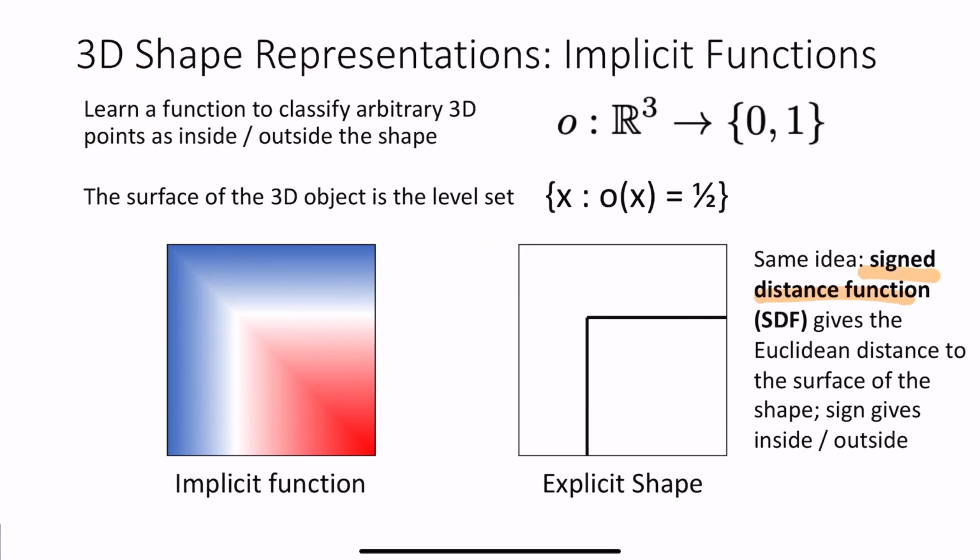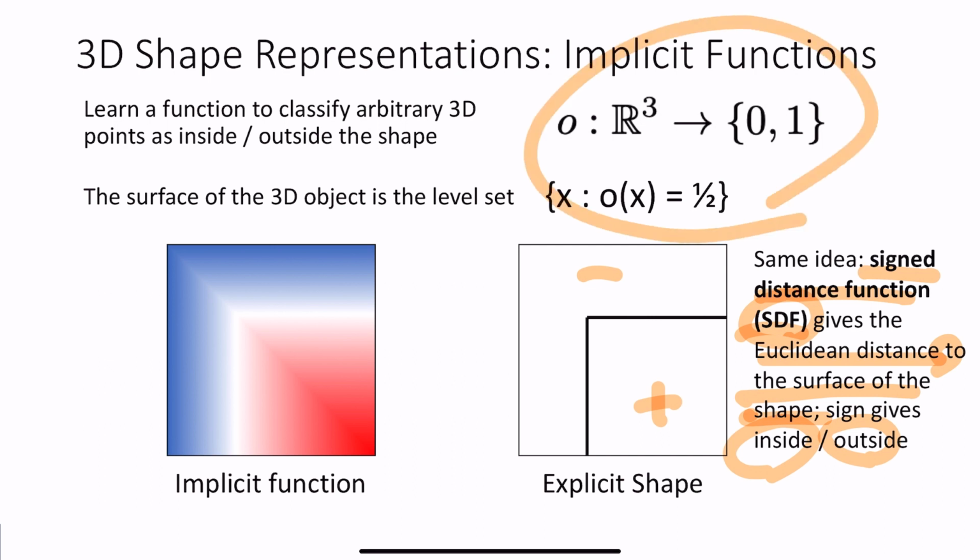The signed distance function, SDF, is another technique that gives the Euclidean distance to the surface of the shape. The sign gives the inside: inside is going to be positive, outside is going to be negative. But the main idea is exactly similar to the implicit function.